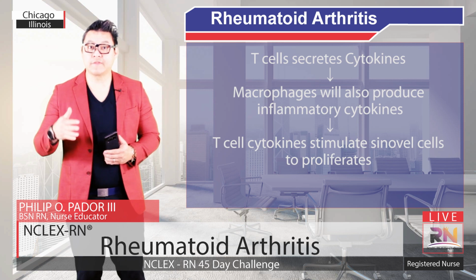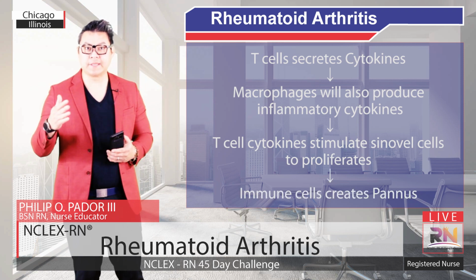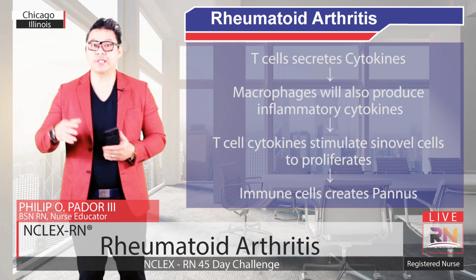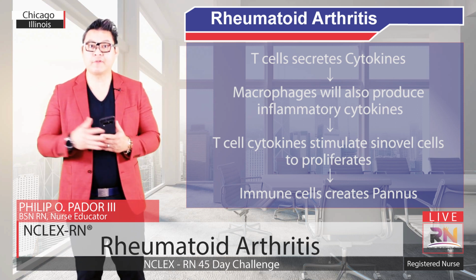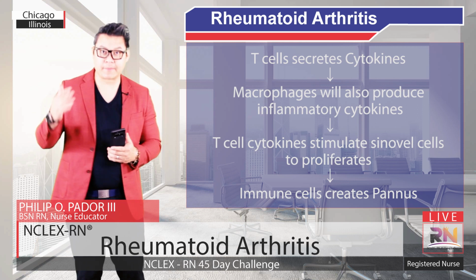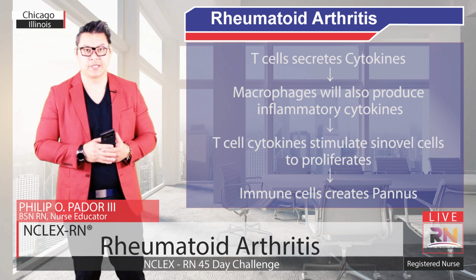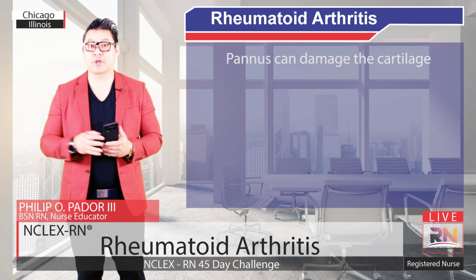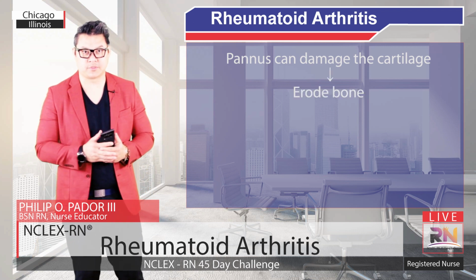The increase in synovial cells and immune cells creates the pannus, which is a thick swollen synovial membrane with granulations of scarred tissue made up of fibroblasts, myofibroblasts, and inflammatory cells. Over time, the pannus can damage the cartilage and other soft tissues and also erode the bones.